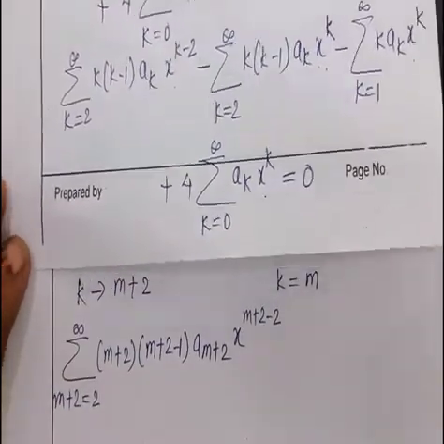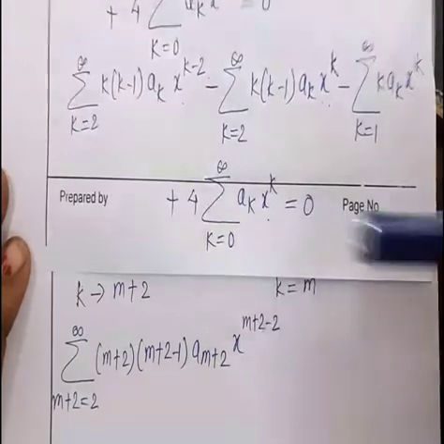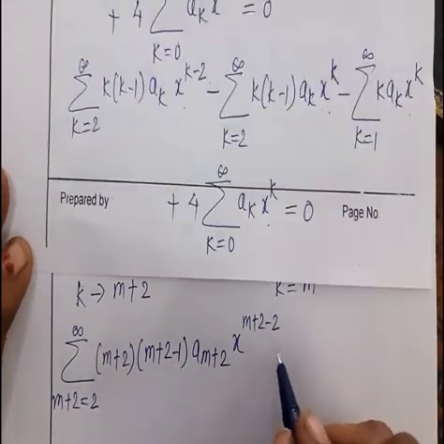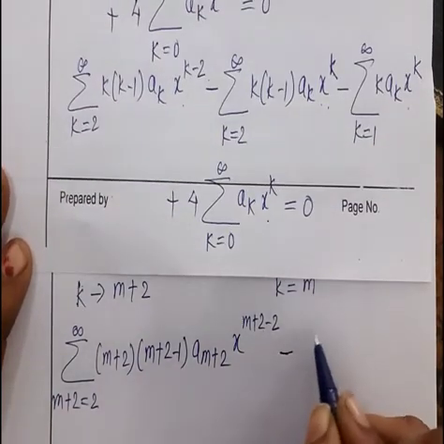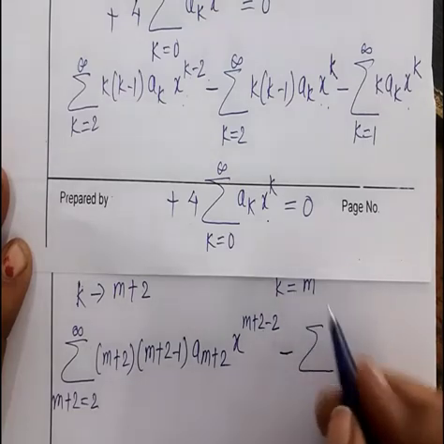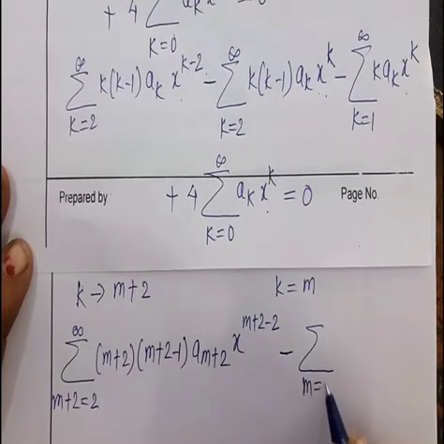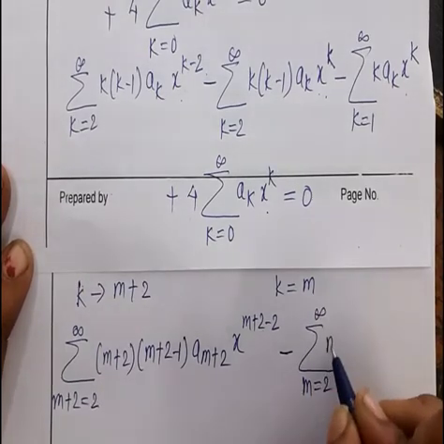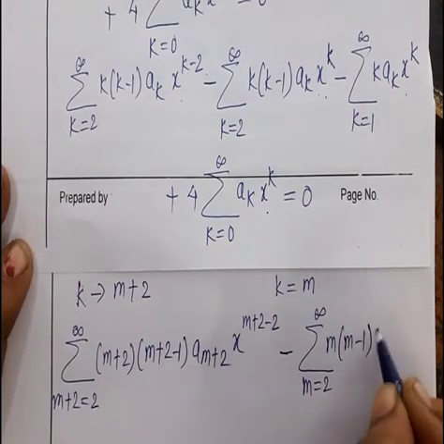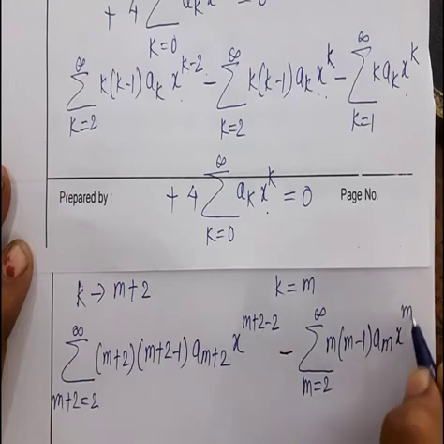Second term: minus summation, in the next term we put k is equal to m. So m is equal to 2 to infinity m multiplied by m minus 1 am x to the power m.